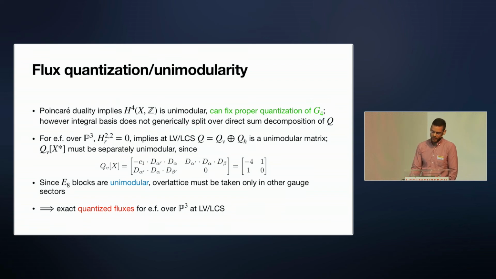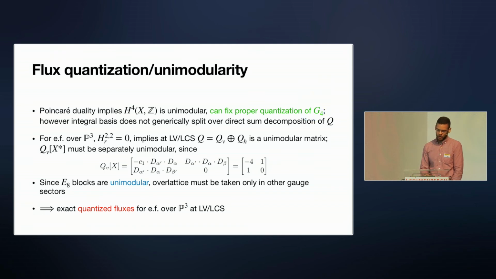So one thing I've been a bit schematic about, or I've kind of swept under the rug during this talk, is the precise quantization of the fluxes. And it's a bit hard to find them in particular because an integral basis of the fluxes doesn't necessarily split over the vertical and the horizontal parts, and you may have fractional contributions in both if you really find the actual integral basis for these guys.